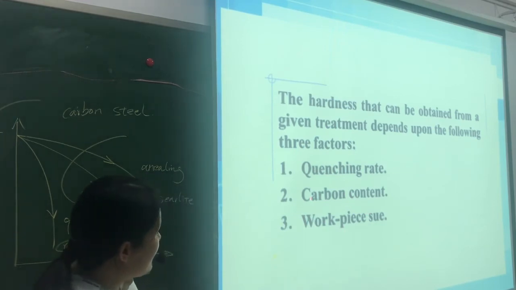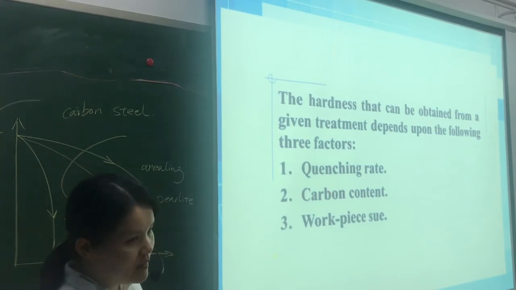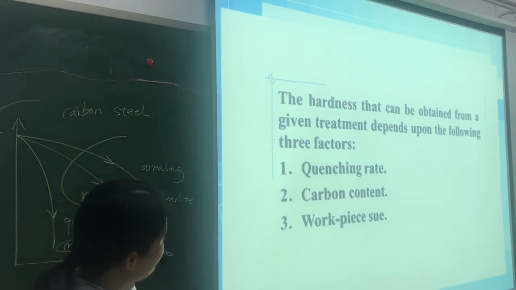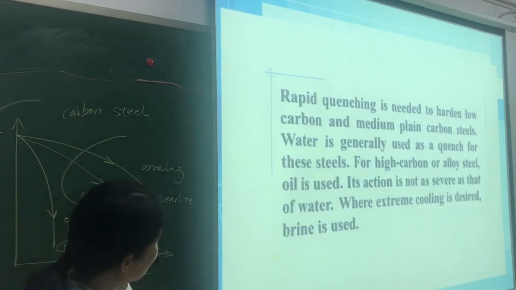With the carbon content increase, the tendency of quench hardening is increased. Rapid quenching is needed to harden low carbon and medium plain carbon steel. Water is generally used as the quenching medium for these steels, and for the high carbon steel we can use oil.